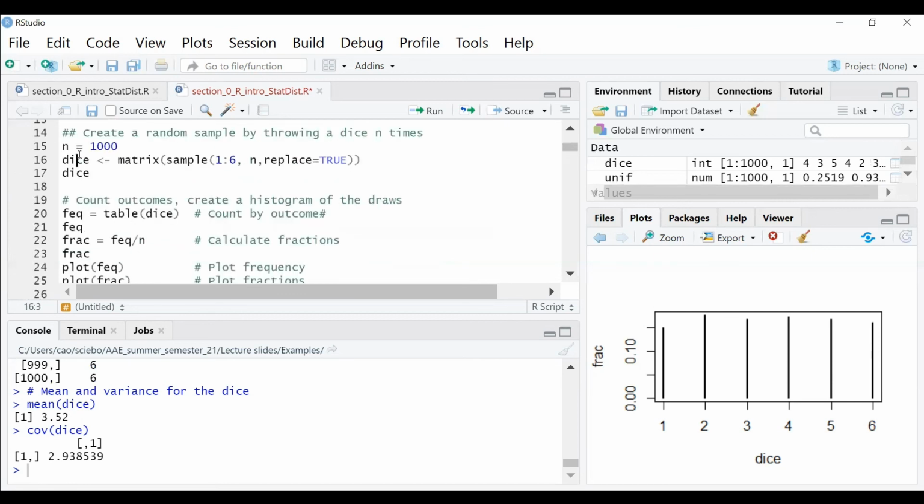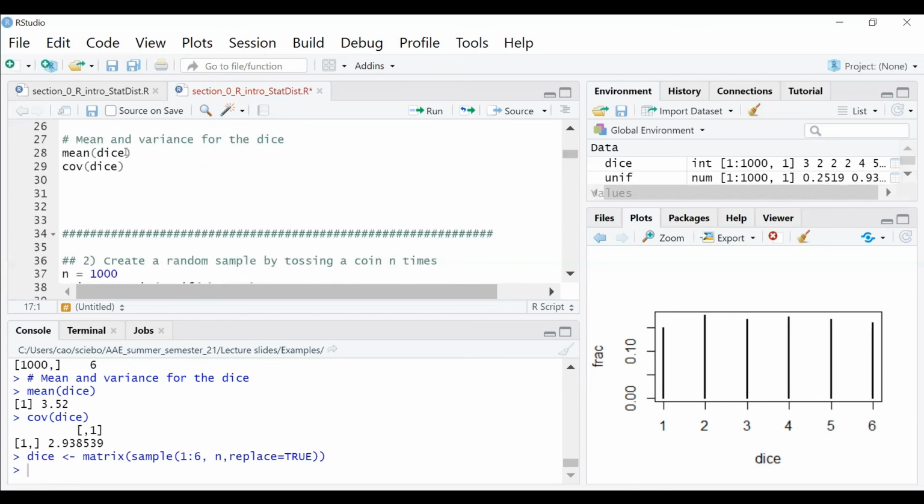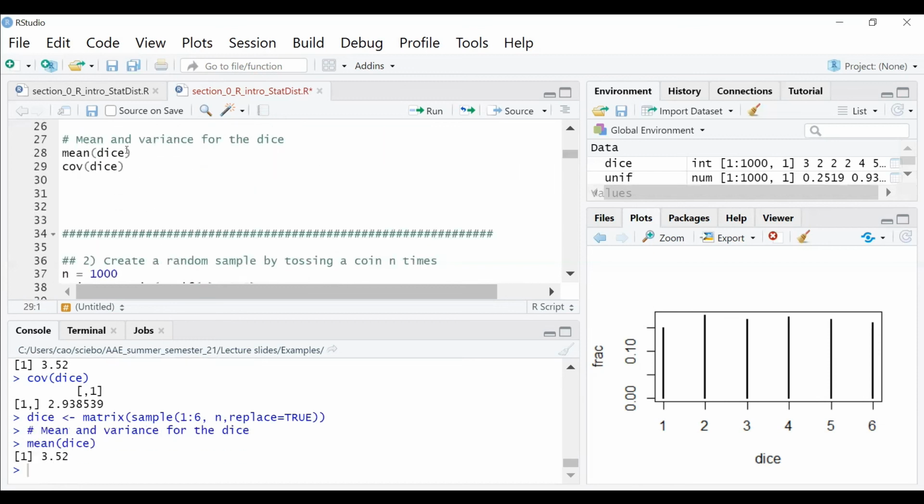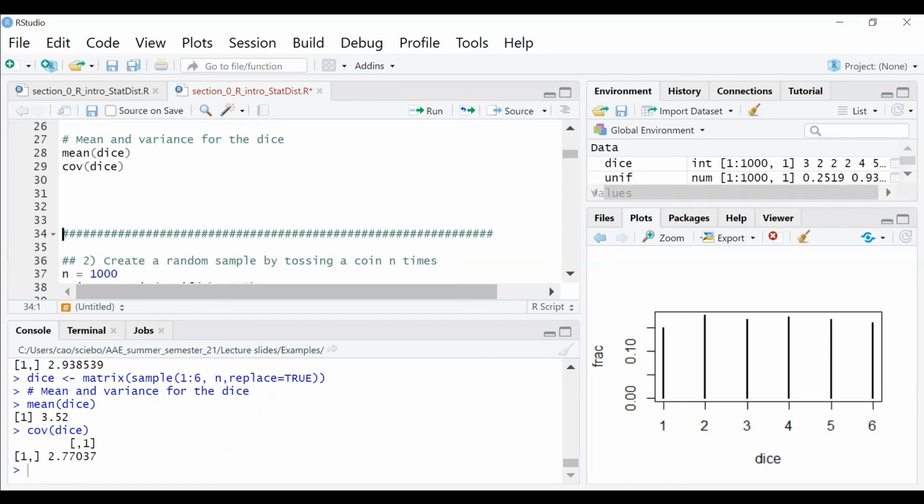Let's do it again, throw the dice, and then calculate the third sample mean, again 3.21, but now the variance is reduced to 2.77 something. So each time you draw a random sample, or you do a random experiment of that variable, you will obtain a different sample even though you repeat it the same number of times, right?